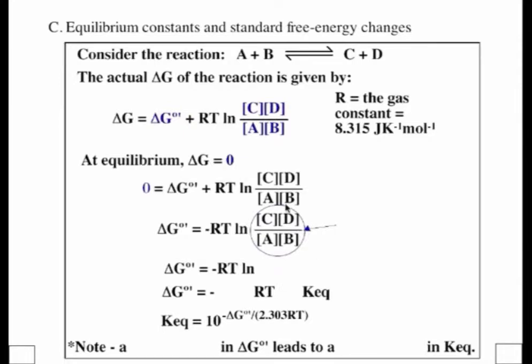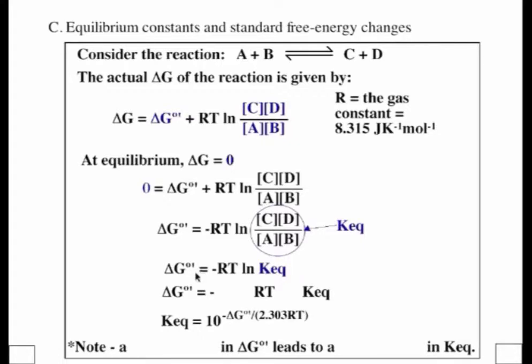Now, this value right here, products over reactants, does that remind you of a constant? Indeed, it is the equilibrium constant. So the KEQ, a familiar value I think to most of you, products over reactants. And let's go ahead and insert then at equilibrium conditions this term KEQ, so the natural log of that constant.